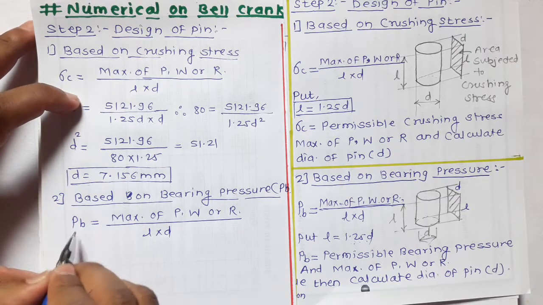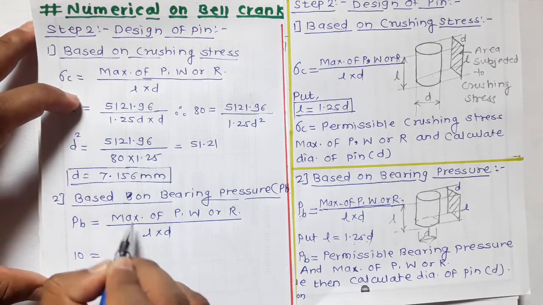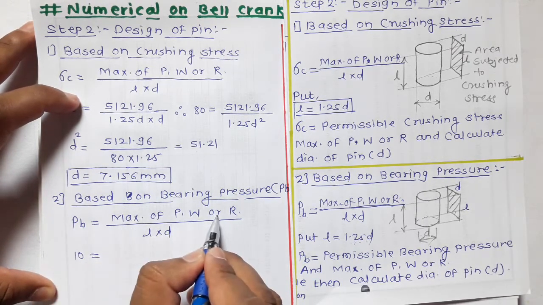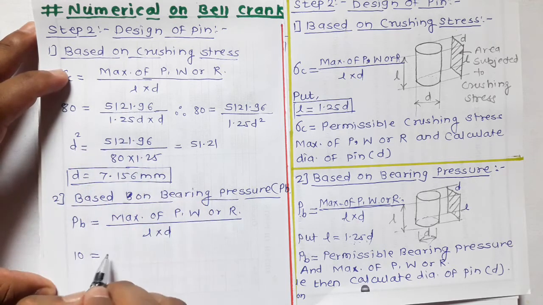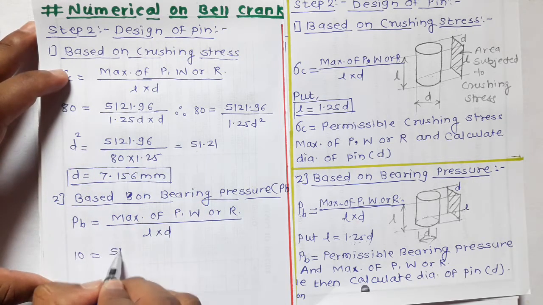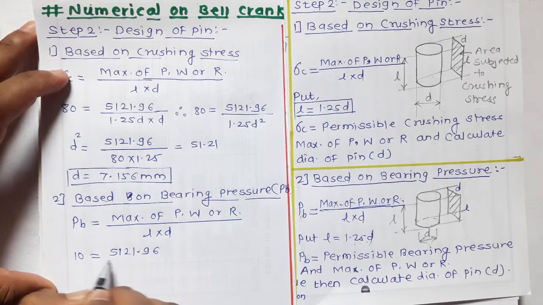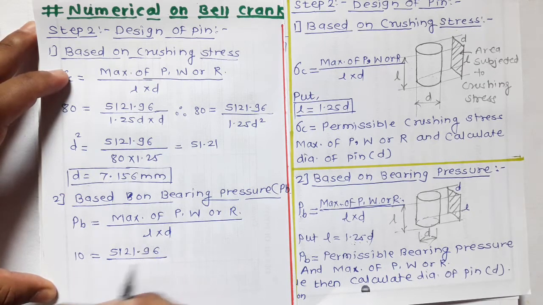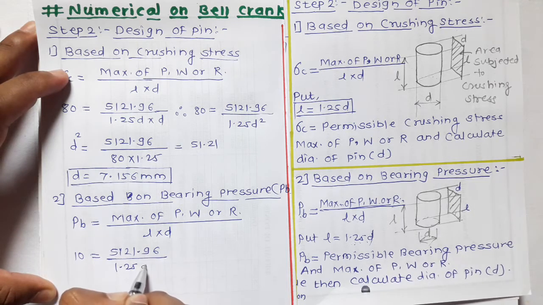So here put the value of permissible bearing pressure, it is 10 Newton per mm square. Maximum of P, W, R is 5121.96. The value of L is 1.25D, because the proportion is given, L upon D is equal to 1.25 upon 1. So we can put L is equal to 1.25D into this D as it is.